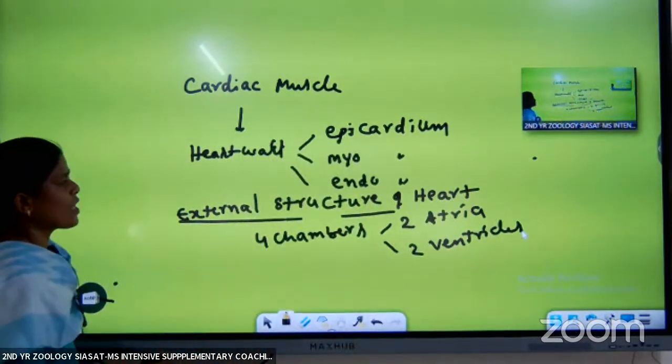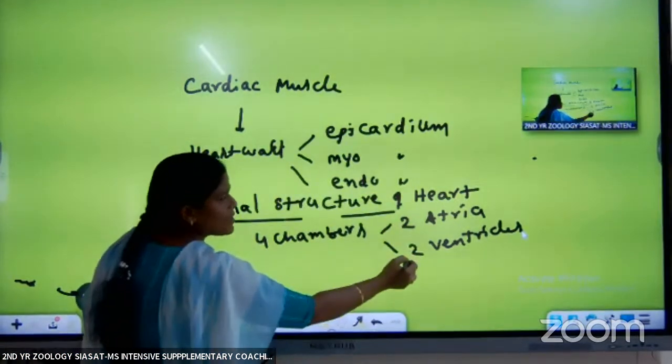Here, the upper chambers are called the atria, and the lower chambers are called the ventricles.